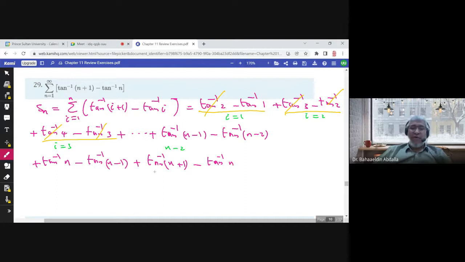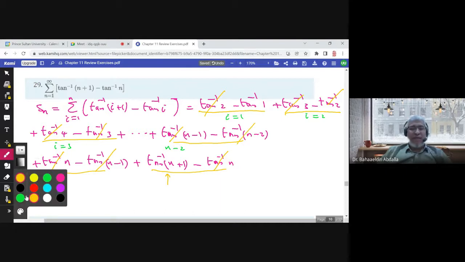What about if we go from the left? Start from here, negative tan inverse n. Is it cancelled with something? Yes. So the first term here from the right is cancelled with this one. What about this one? This one is not cancelled with anything. So here also the first term will be cancelled with something here.